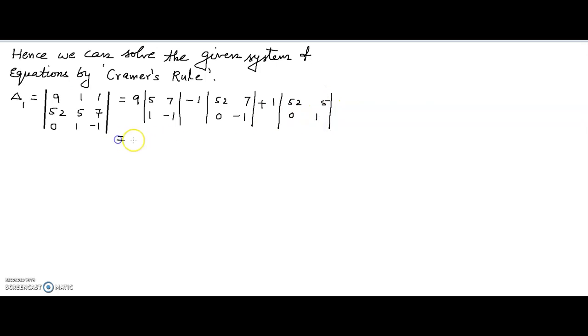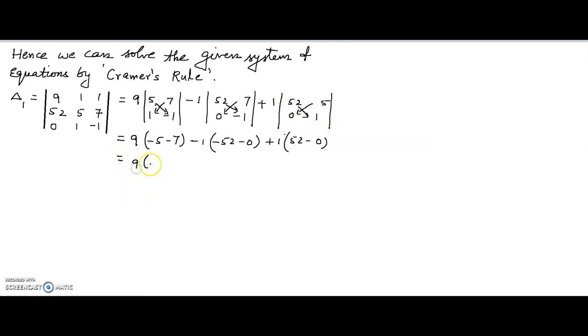Now each determinant is in the form of ABCD, so you can write AD minus BC. 5 into minus 1 is minus 5, minus 1 into 7 is 7. Again AD, 52 into minus 1 is minus 52, 0 into 7 is 0. AD minus BC form everywhere. So here again it is 52 into 1 minus 5 into 0.